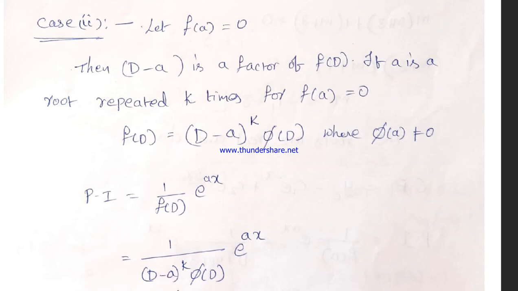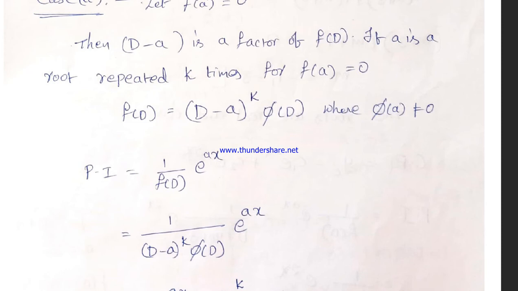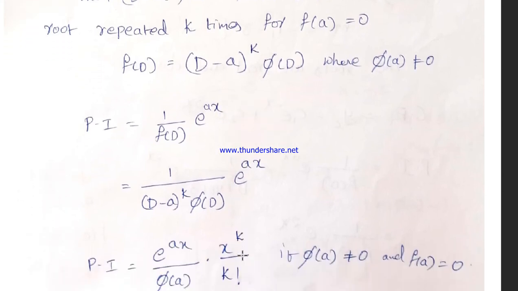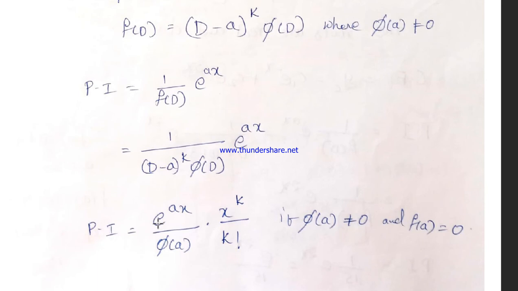You should remember which factor is having D minus a, meaning that root a is there. That is considered as D minus a whole power k. The remaining factor is considered as phi of D. After that, write the particular integral equal to e power ax by phi of a. How do we find phi of a? Substitute D equal to a in phi of D, and you get phi of a. Then e power ax by phi of a into x power k by k factorial.